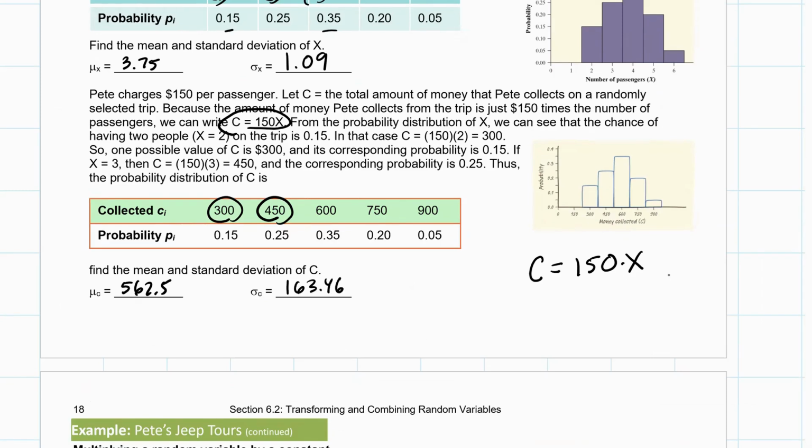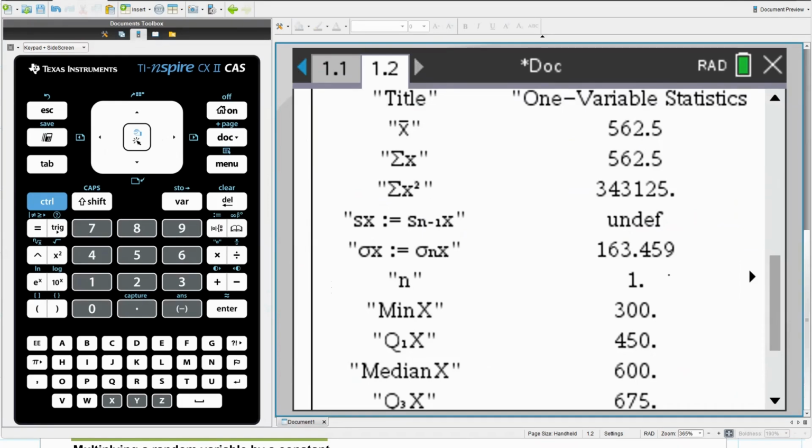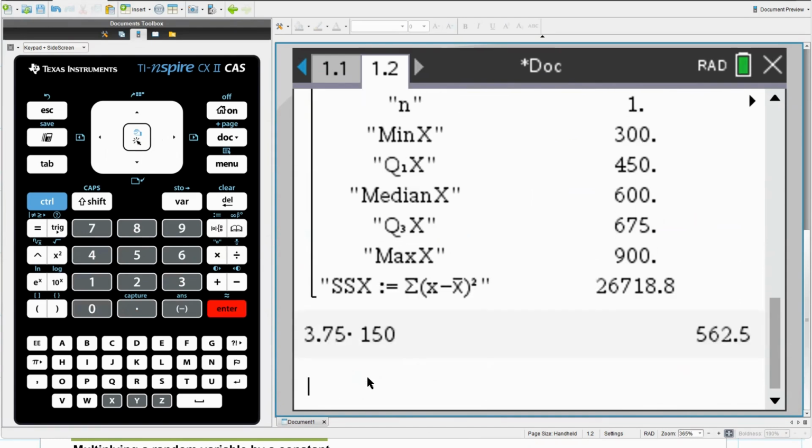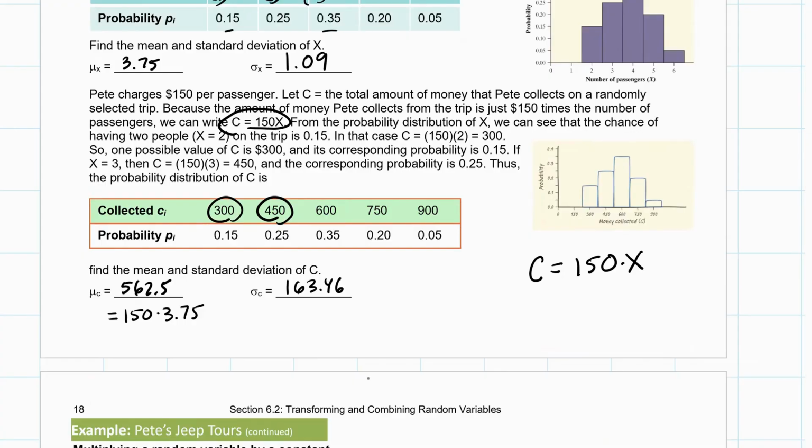163.46. Now, it might jump out to you that maybe if we took 150 and multiplied it by the old mean, that was indeed 3.75, but multiplied by that multiplier, lo and behold, we end up getting that same 562.50.